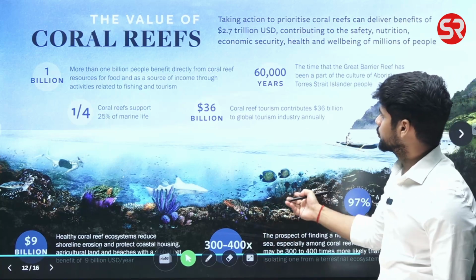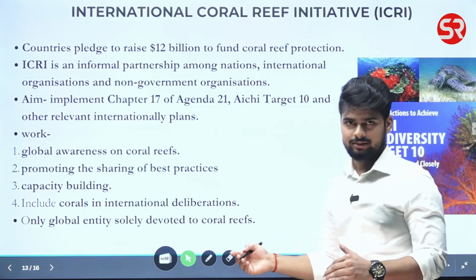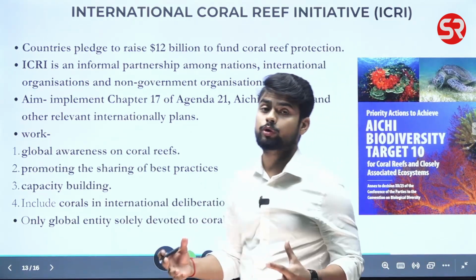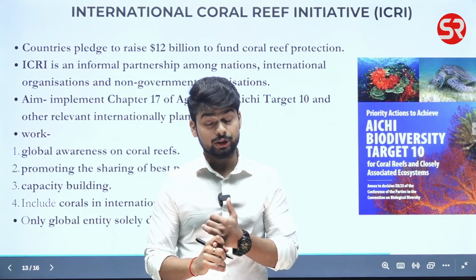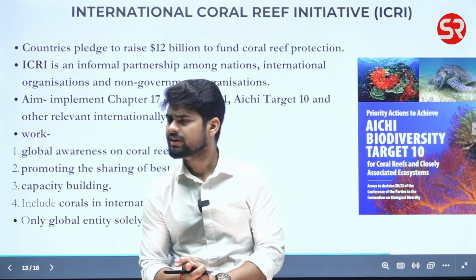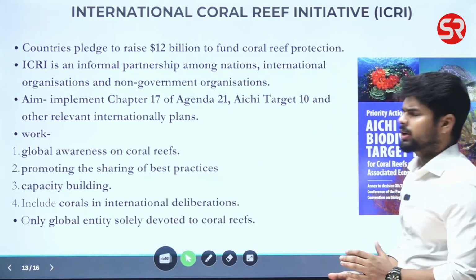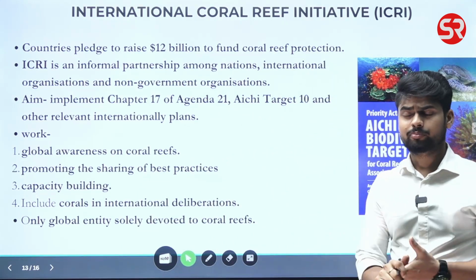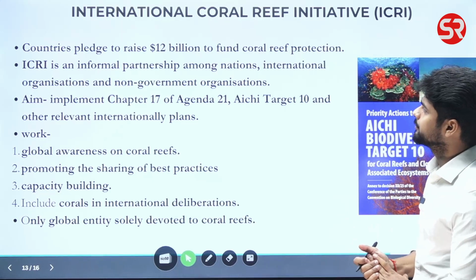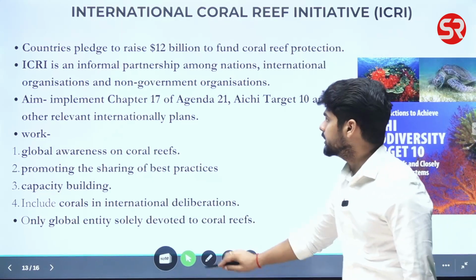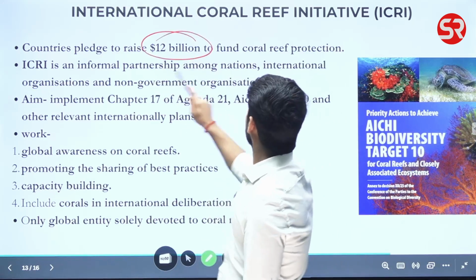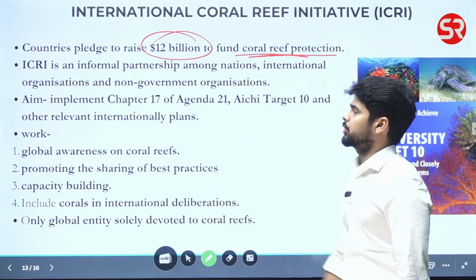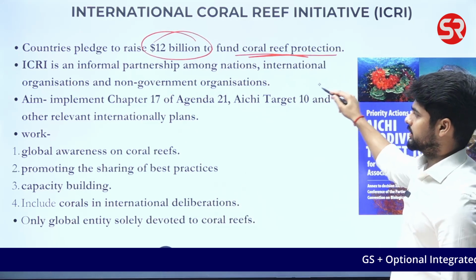They moderate the huge amount of energy of waves, so they help in reducing soil erosion, etc. Now coral is an important part of your UPSC environment area, so just have a look. Recently, countries have pledged to raise 12 billion in funds for coral reef protection. Rest of the things are as we discussed.